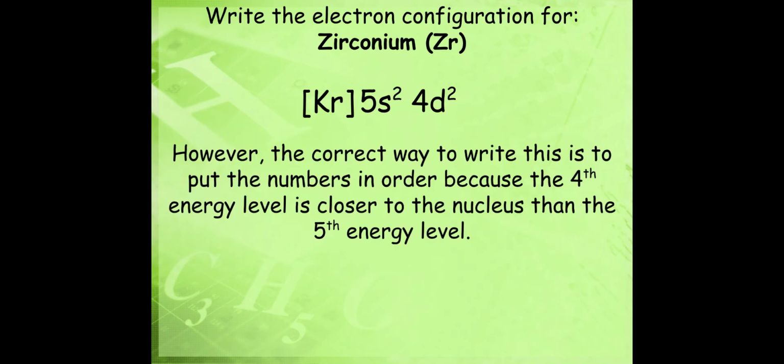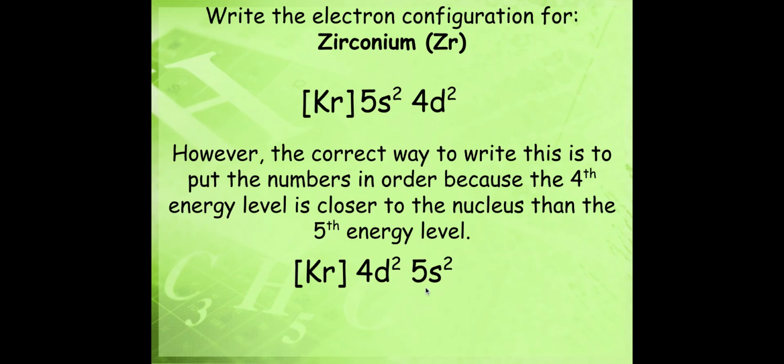However, the correct way to write this is to put the numbers in order because the fourth energy level is closer to the nucleus than the fifth. So we can rearrange it that way. But I prefer the first one because if you write it this way, some people will get confused thinking that the d will fill before the 5s. As you can see, the 5s is full, right?